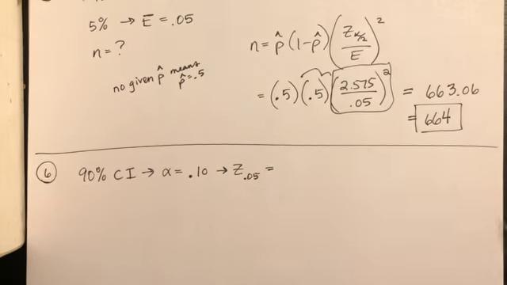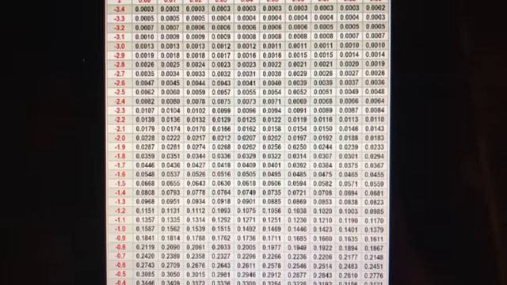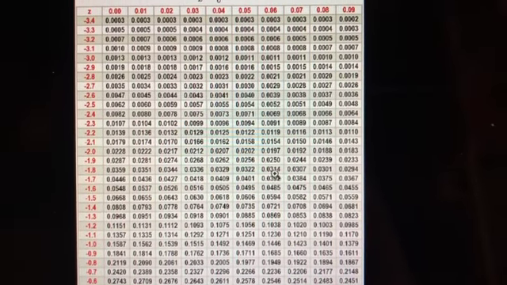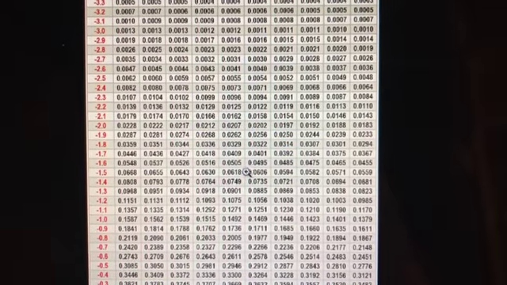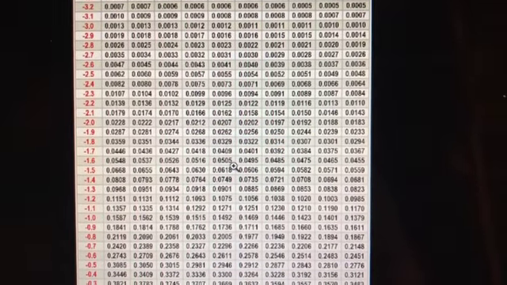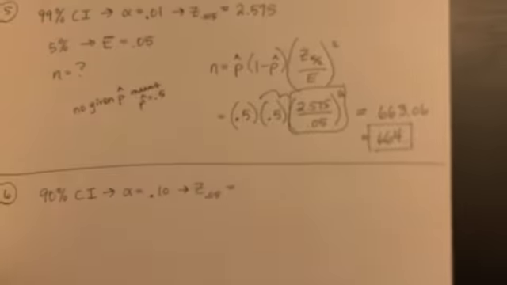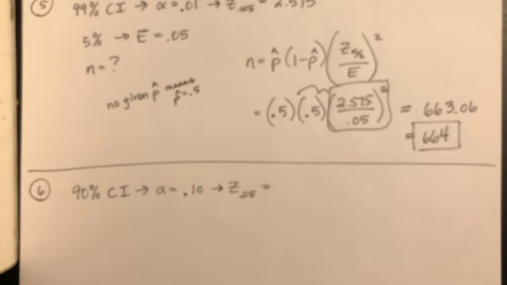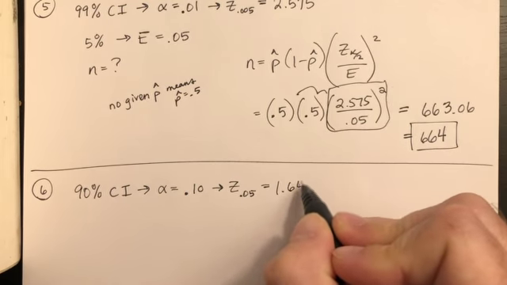And 0.05, going to the chart. Let's find it. 0.05 is right here in between these two. 1.645.